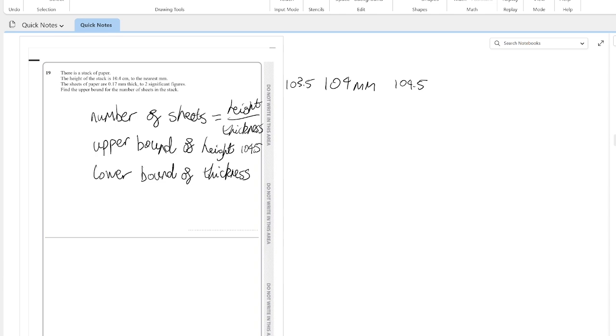And I may see people saying, okay, but 104.5 already rounds to 105. And that is true, but a number just below 104.5 will round to 104. So 104.5 is the lowest number which will round to 105. So it's the upper bound.